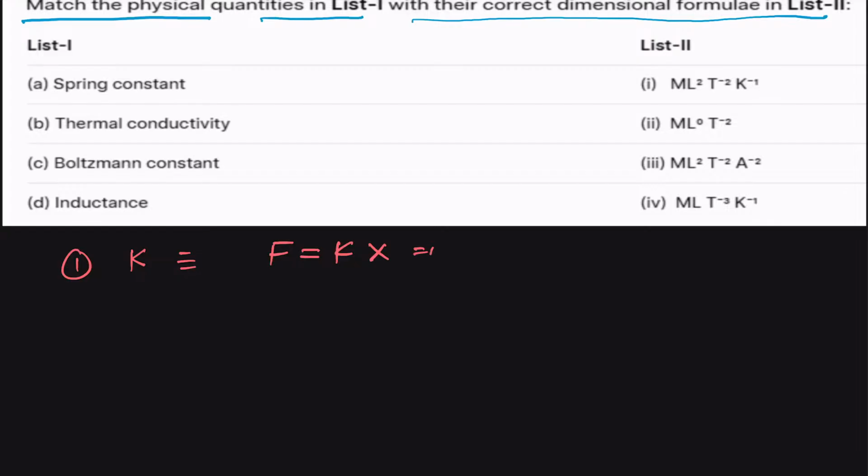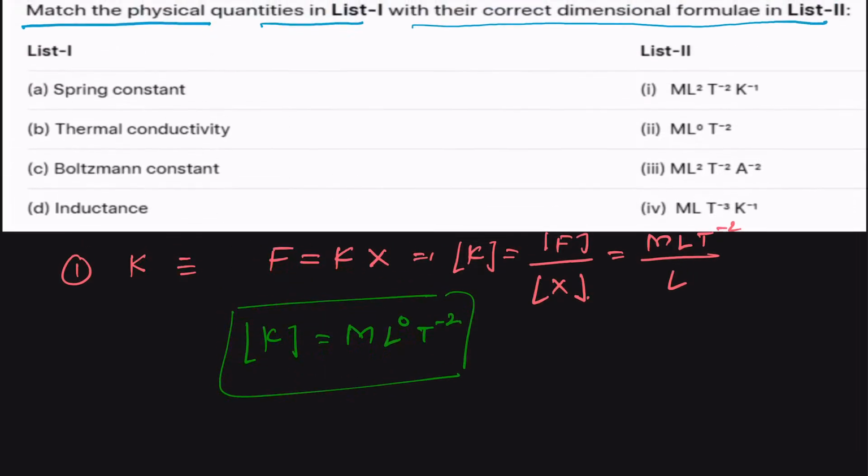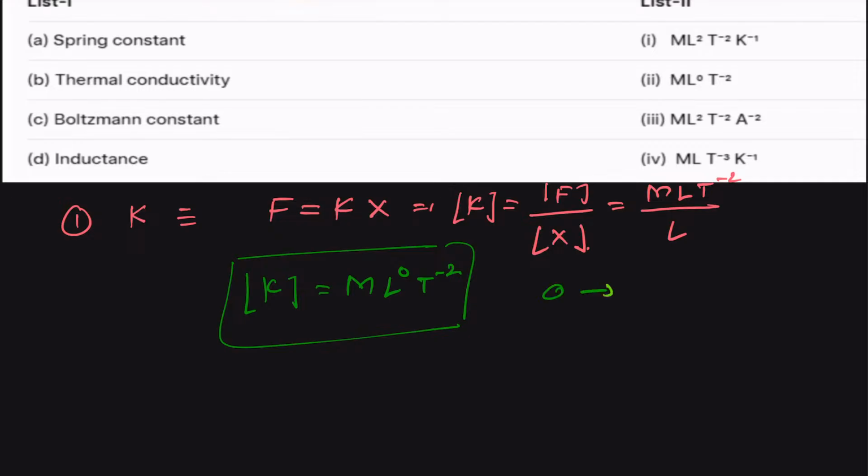Therefore we can say that our K will be equal to force divided by X, and this force is MLT^-2, X is our length. So therefore we get that our K will be equal to ML^0T^-2. So A matches with our second option.